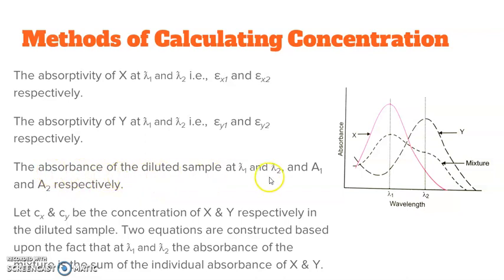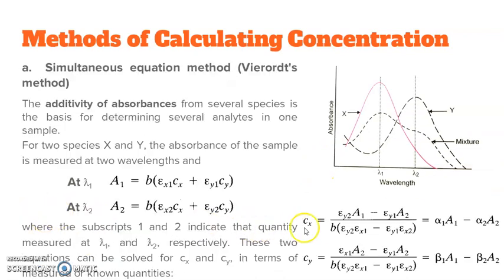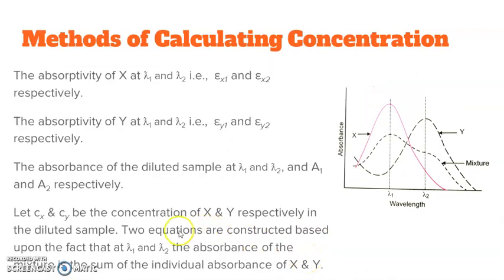So we prepare a diluted sample, and for that diluted sample we calculate A1 and A2. Our main task is to determine the concentration of paracetamol and ibuprofen in that particular formulation.